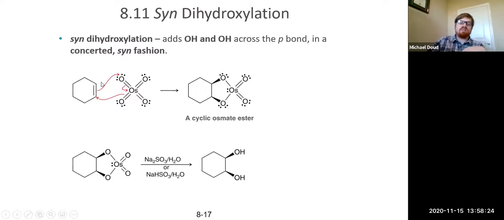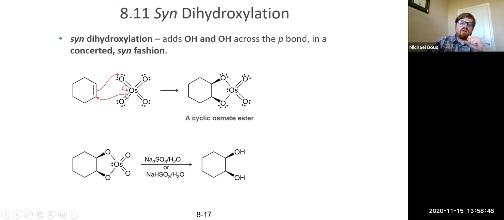But what happens is basically, you take this OsO4, you have a nucleophilic attack of the pi bond onto this oxygen, and that's because this osmium is positively charged, so it's pulling the electron density towards itself. When that happens, the osmium-oxygen double bond breaks, leaving a lone pair on the oxygen.